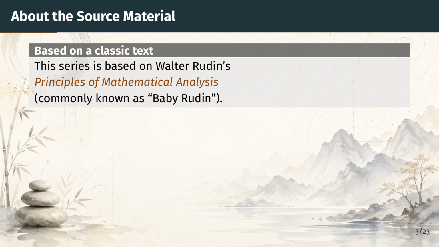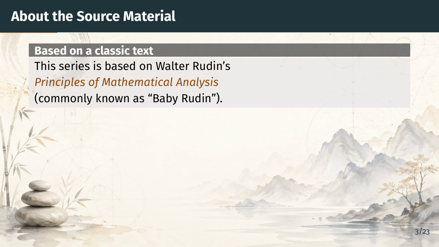This entire video series is based on the classic textbook Principles of Mathematical Analysis by Walter Rudin. Among mathematicians, this book is affectionately known as Baby Rudin, to distinguish it from Rudin's other, more advanced book, Real and Complex Analysis.